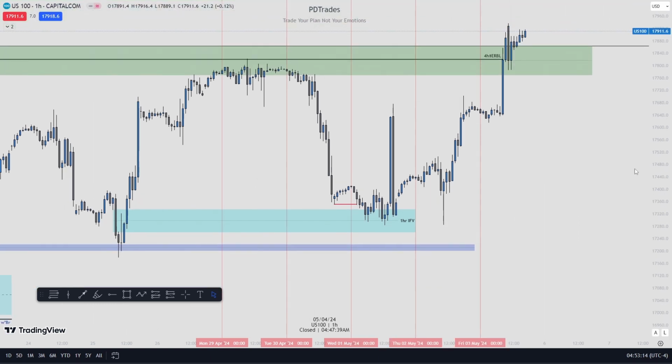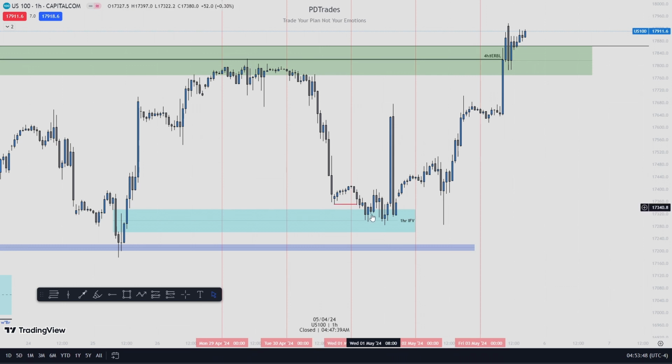If they were gonna sell NFP, I would have loved if they used FOMC to take out those relative equal highs, but they didn't. You understand? So this is what gave me a clue that, you know what, they're gonna buy NFP.